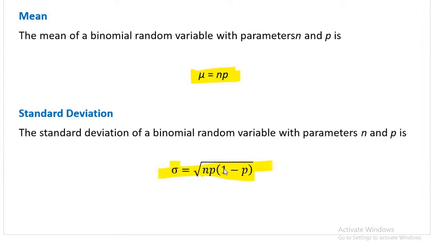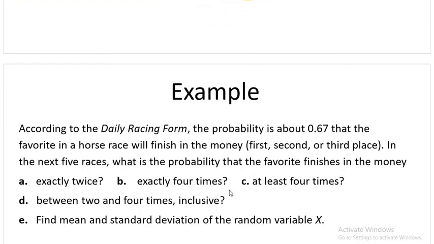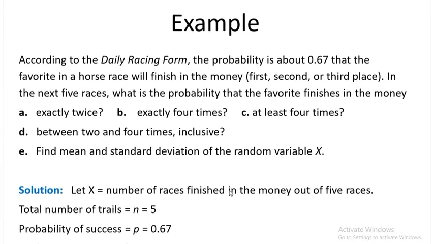So this inside thing is the variance, but with a square root, this is your standard deviation. If n and p are given to you, then the product np is your mean, and the square root of np(1 minus p) is your standard deviation. You can verify this as well. Let's do this example.